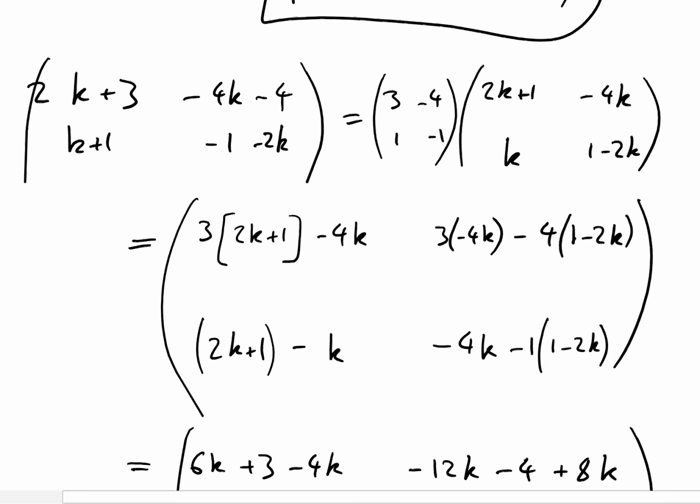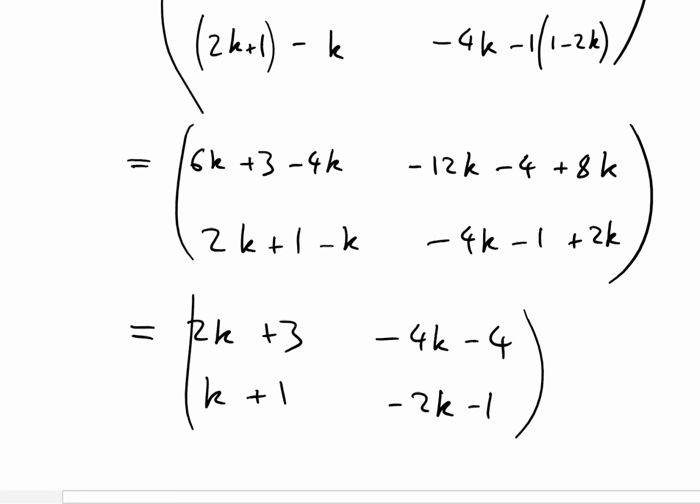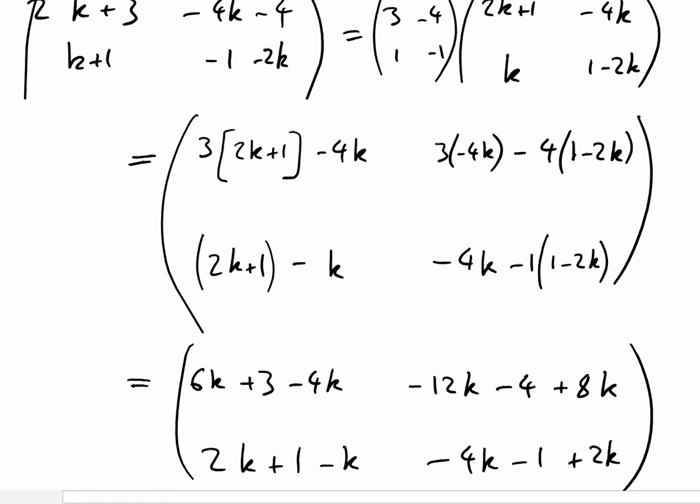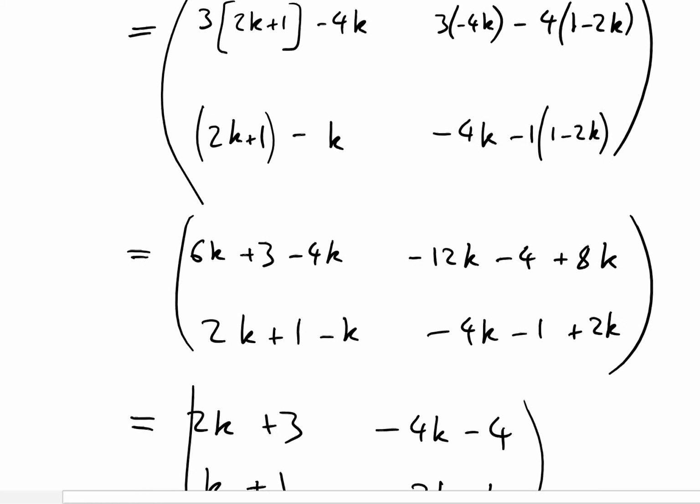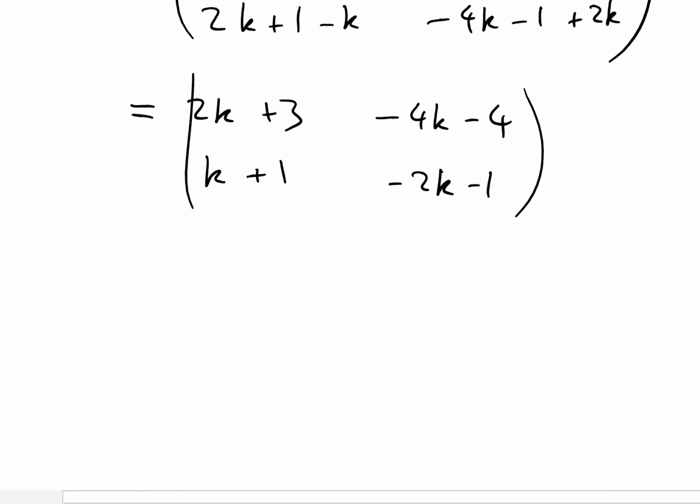Okay, and that is the same as that. This thing here is the same as that. So therefore we've shown that k plus 1 is true if k is true. So we've now shown left-hand side equals right-hand side. So we've shown that m equals k plus 1 is true only if m equals k is true, because we've used m equals k in our m equals k plus 1 example. Okay, and now our conclusion, final thing.